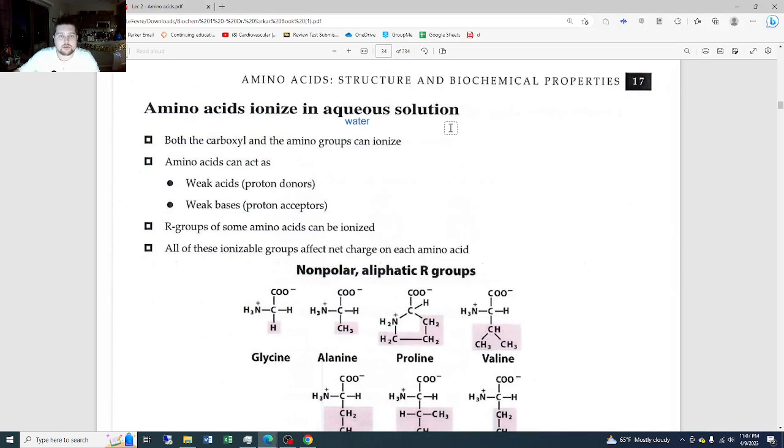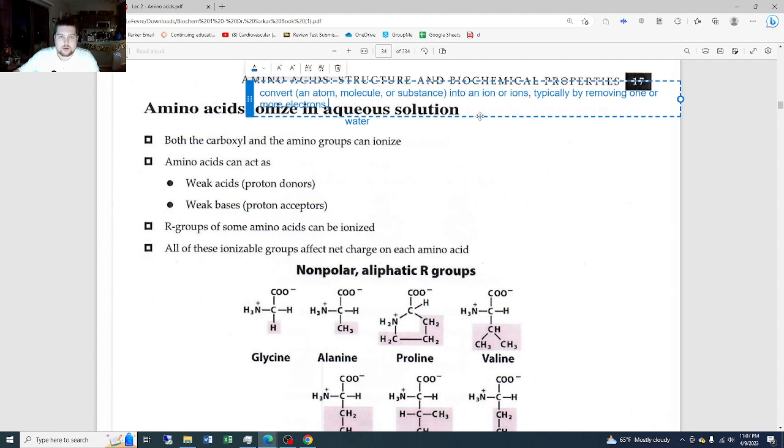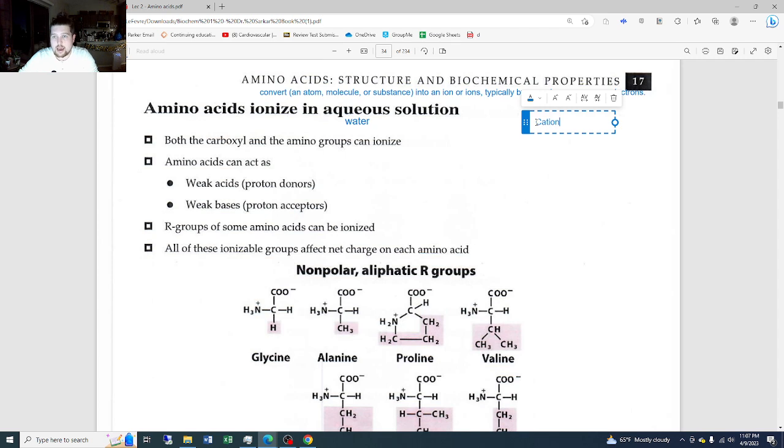So remember those two that we talked about, we have cations and anions. Cations, I always remember that cats, I like cats, cats are positive. Anions, that A prefix is usually no or bad, so the anions are negative.